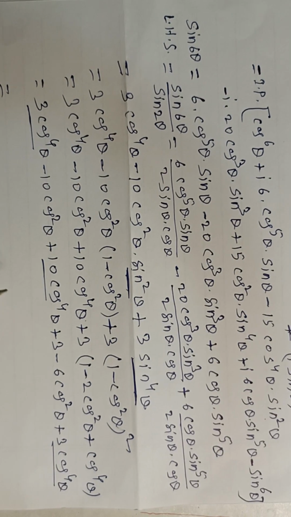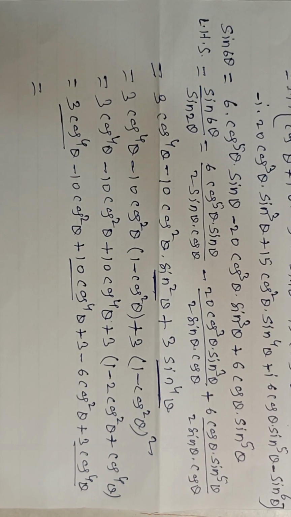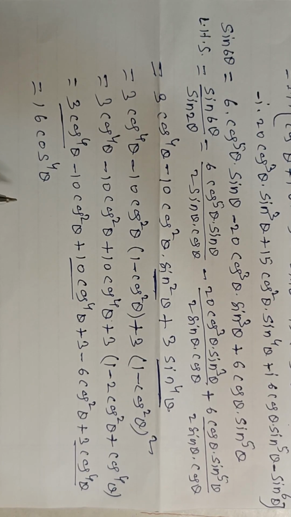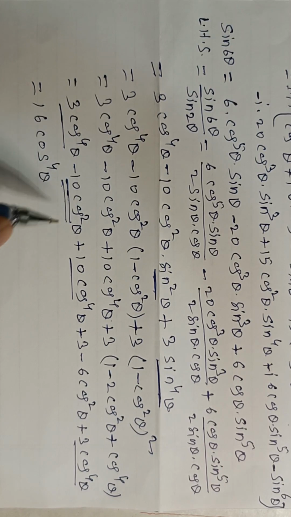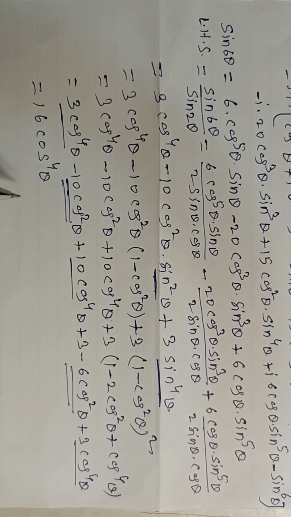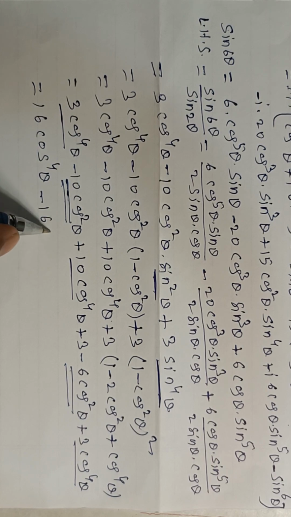Okay, now we can collect this term and this term. That becomes 16 times fourth power of cos theta. Now you can collect this and this term. That becomes minus 16 times cos square theta.